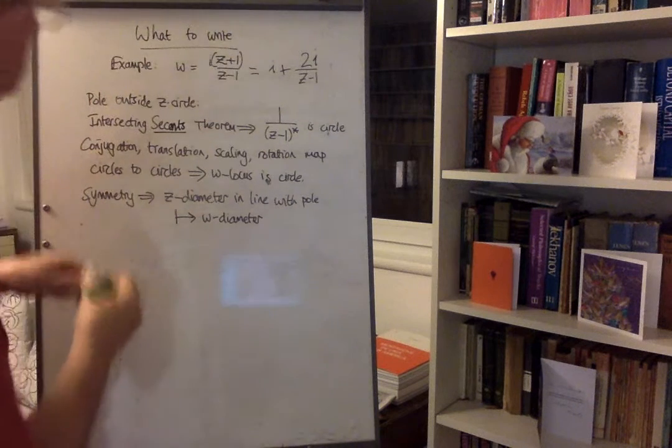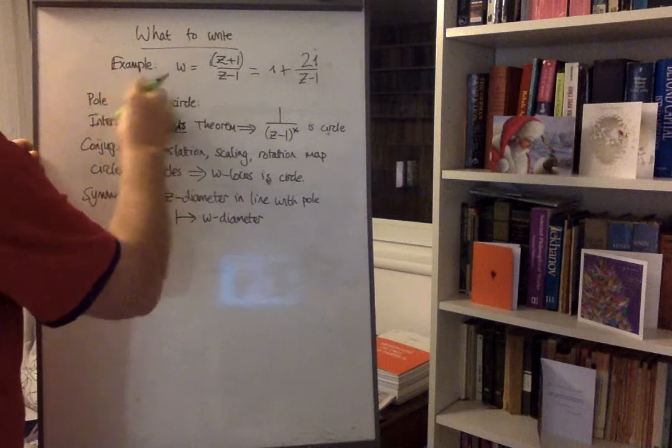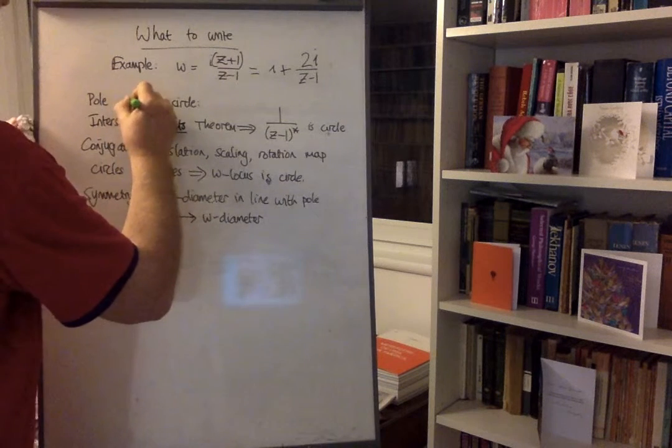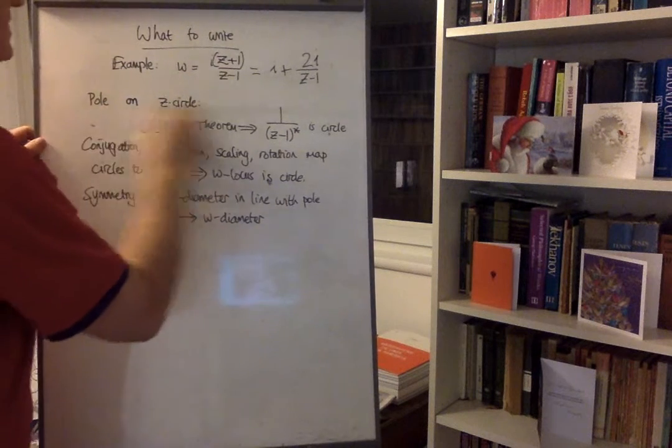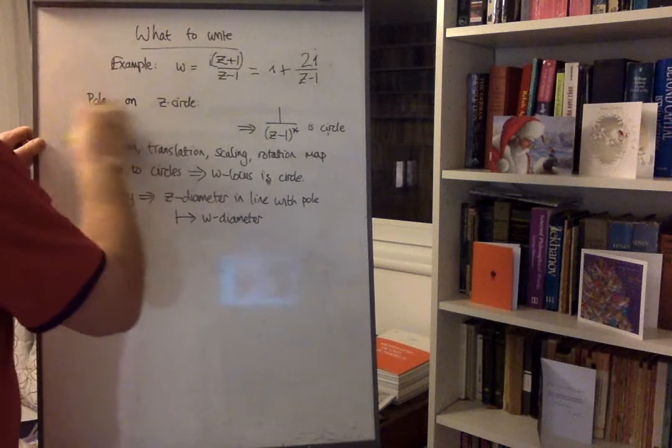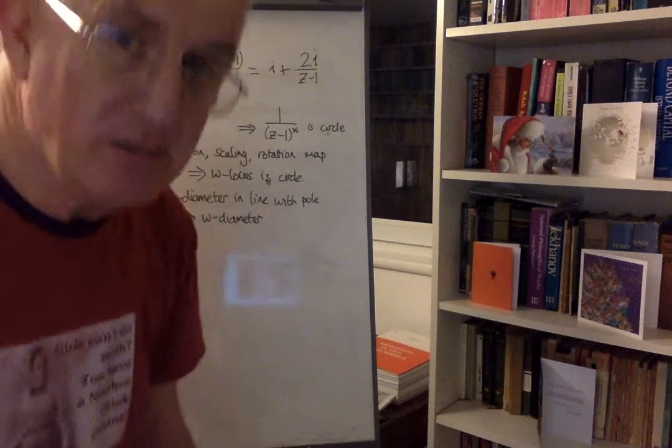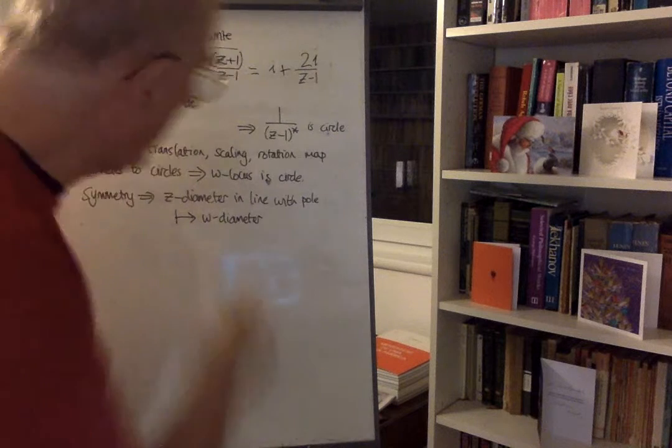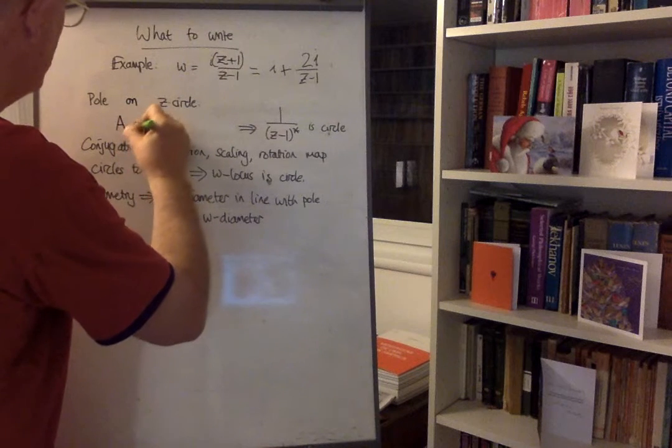The third case is if the pole is on the z circle. Now, in that case, the theorem doesn't have a special name. It's just called a circle inversion theorem.